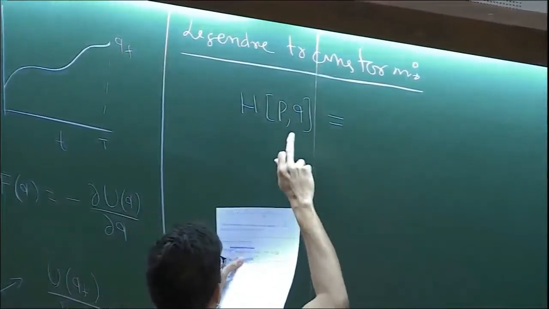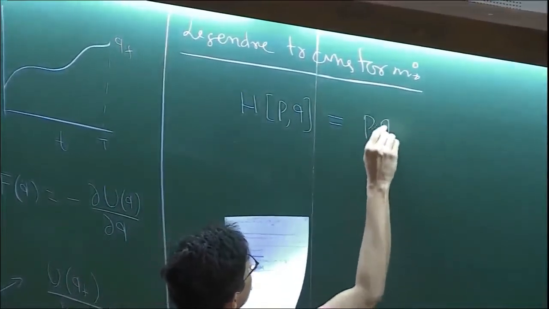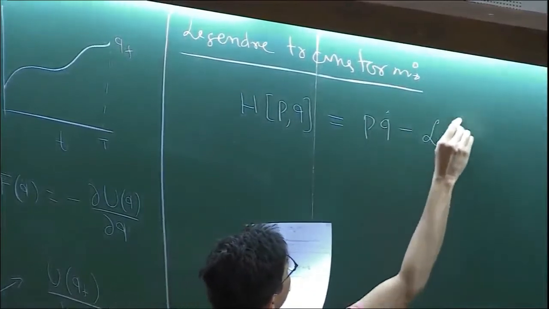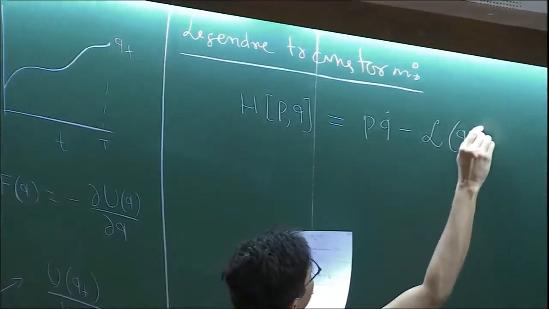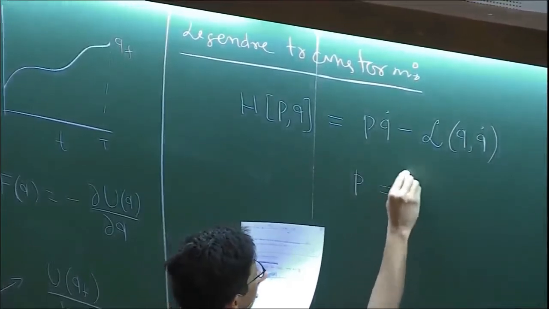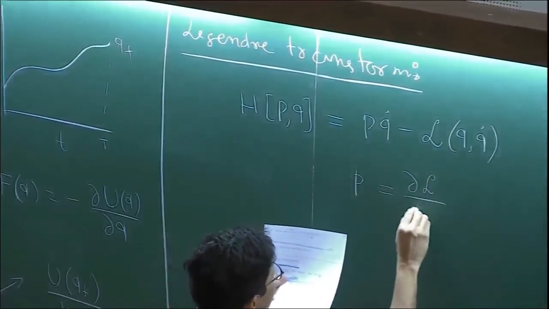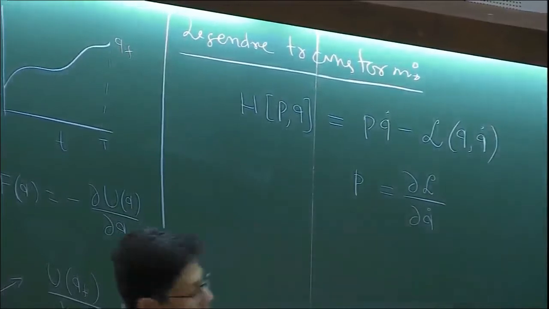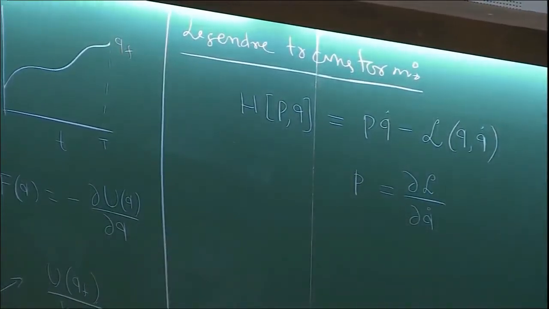So it's a function of two variables, and this is PQ dot minus Lagrangian Q dot, where P is simply del L del Q dot. Okay. Now if you just do this exercise, it's very simple to do.